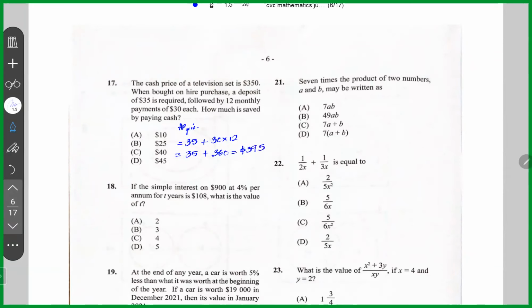So if the television set is bought on hire purchase, the price would be $395. The cash price is $350. So the savings would be $395 minus $350, which is $45. So the answer here is D.